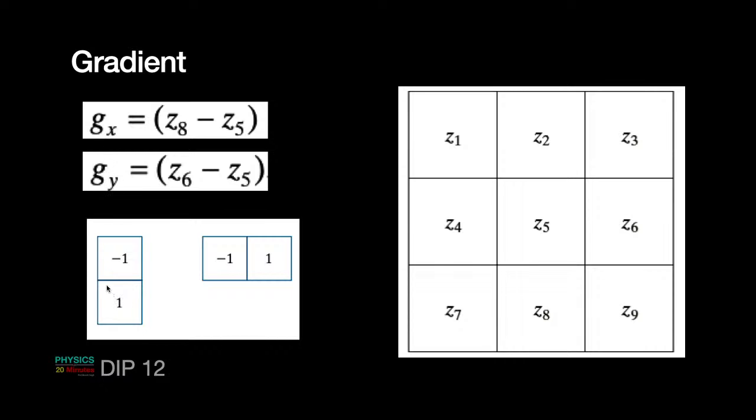For example, look at this. If I take minus 1, 1, and implement it on the first element here, what will happen? z4 multiplied by 1 will give you z4, z1 multiplied by minus 1 will give you minus z1.